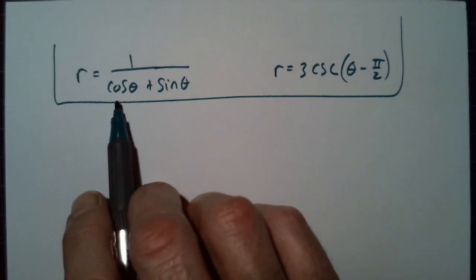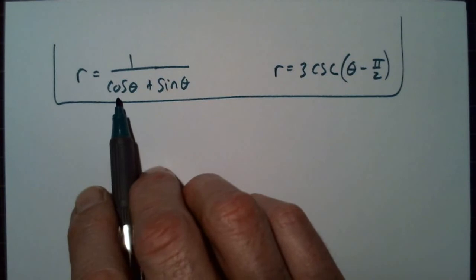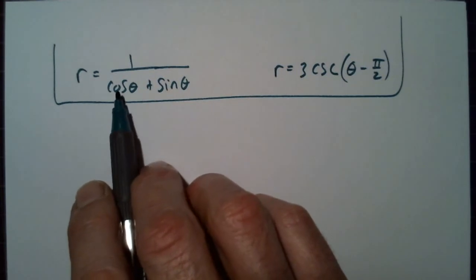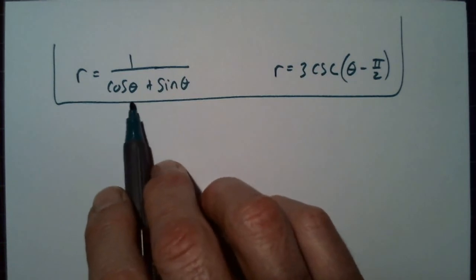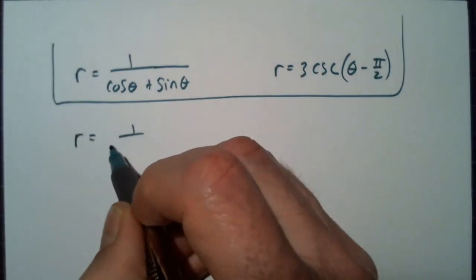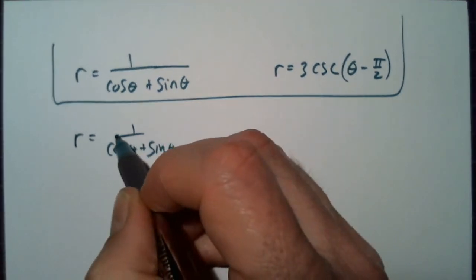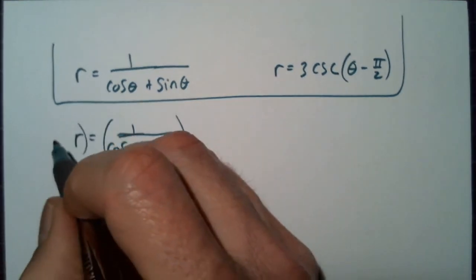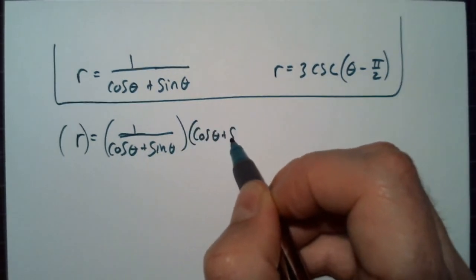Well, we need to see r cosine theta and r sine theta in order to substitute for these. So if we multiply both sides by this denominator, we will distribute the r, and we'll get r cosine theta and r sine theta. So let's multiply both sides by the denominator.